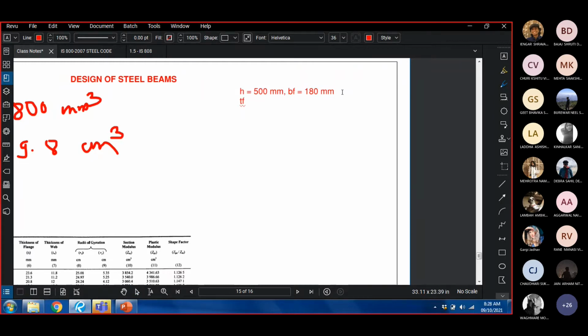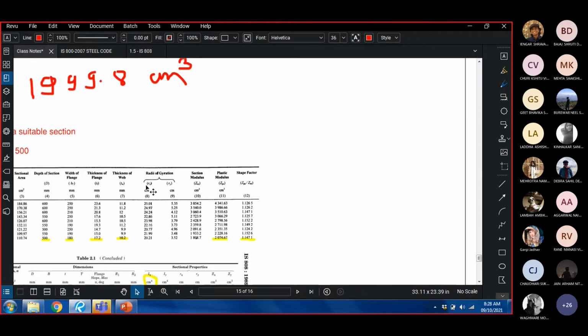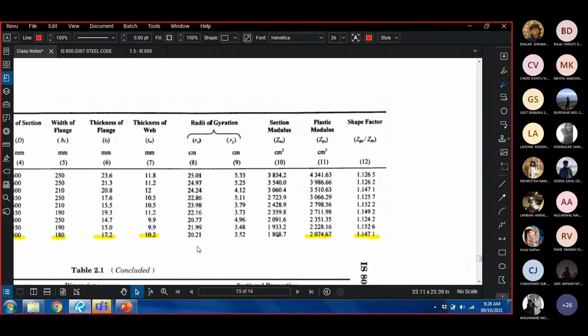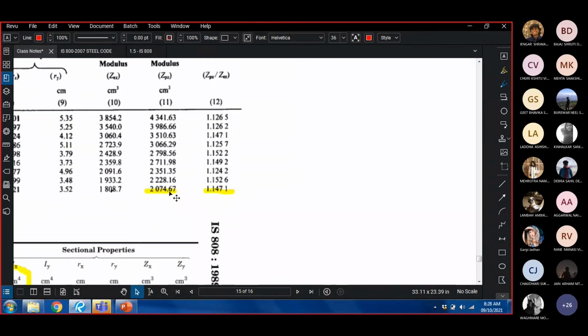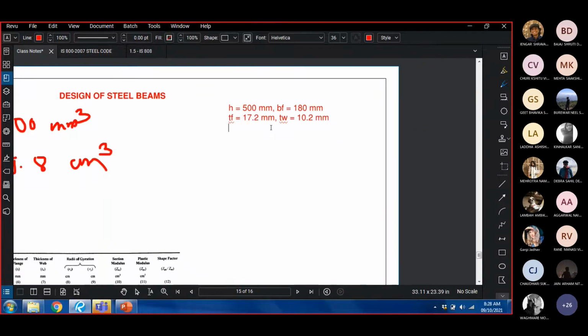So the thickness of flange is equal to 17.2 mm. Thickness of web is 10.2 mm. Okay. Now, what else do we need? We don't need radius of gyration, but we do need the plastic section modulus. Therefore, the plastic section modulus, what's the value? 2074.67, ZP.